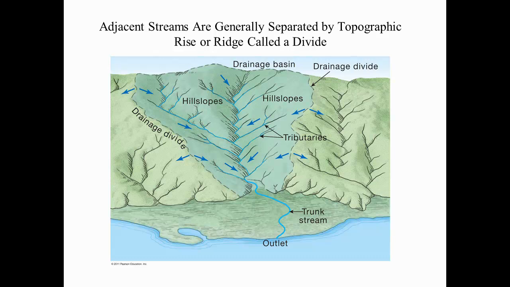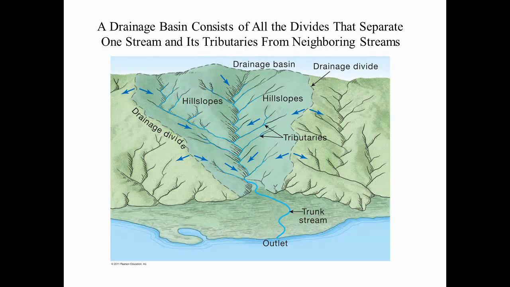Now, adjacent streams are generally separated by topographic rises or ridges that are called divides. And a drainage basin, by definition, consists of all the divides that separate one stream and its tributaries from a neighboring stream.